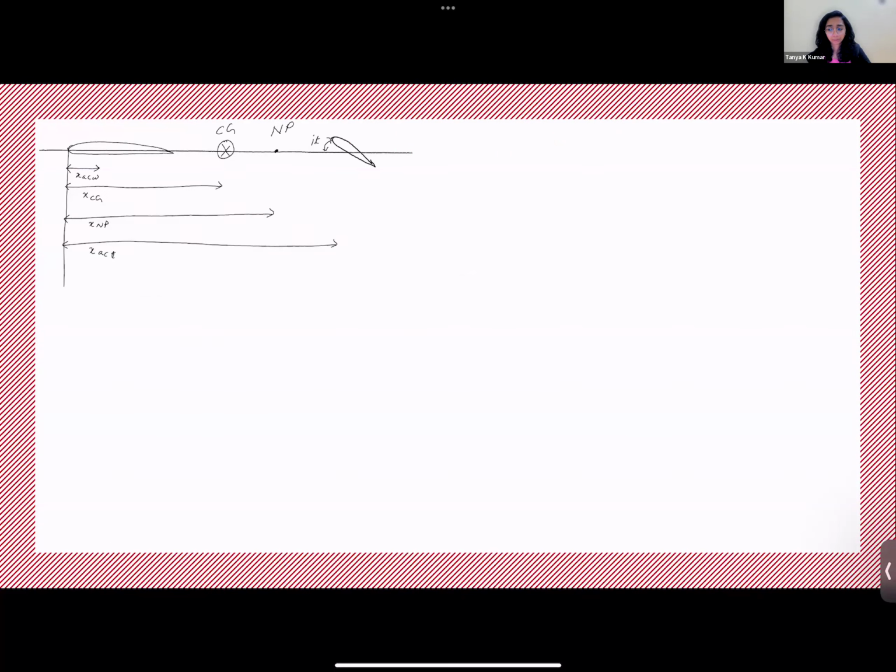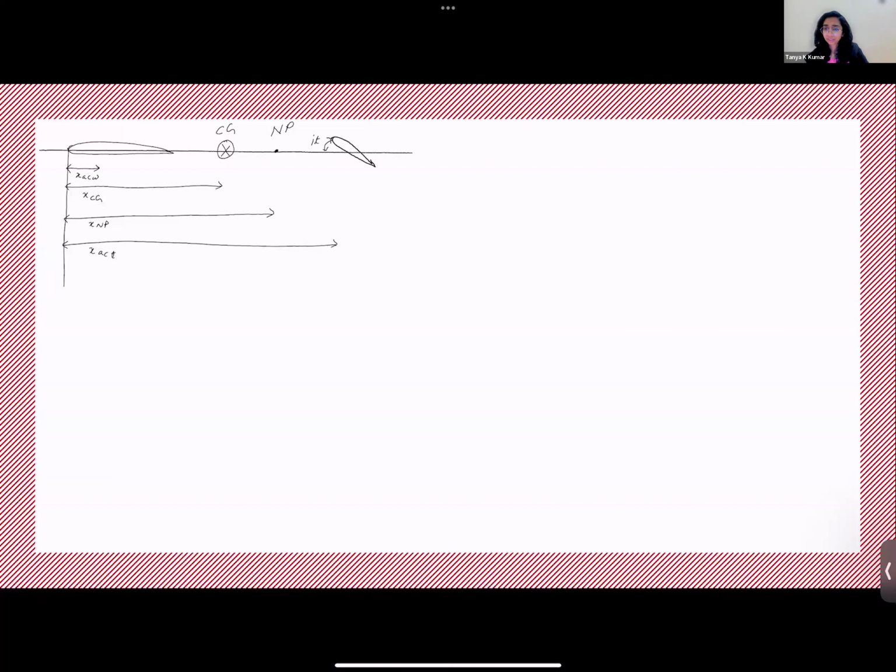We need to find out XNP. We'll do the derivation together, but just tell me where to start. Maybe refer to your stability and control notes or Google it, and just tell me how to start.